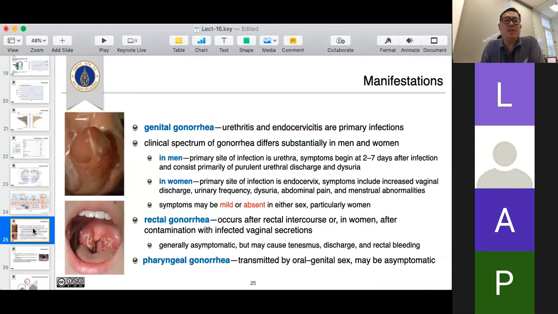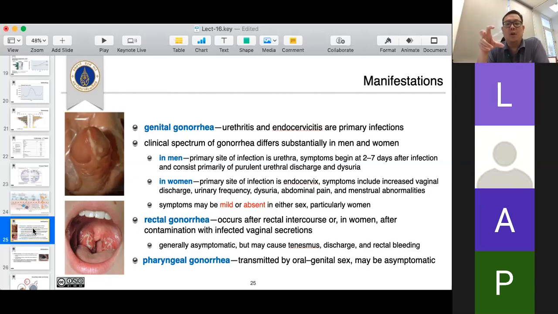The manifestation can be a quite broad range of disease. One main form is genital gonorrhea. Genital gonorrhea causes urethritis. It is quite different in male and female. Disease in males happens 2 to 7 days after you get infected, the incubation period.